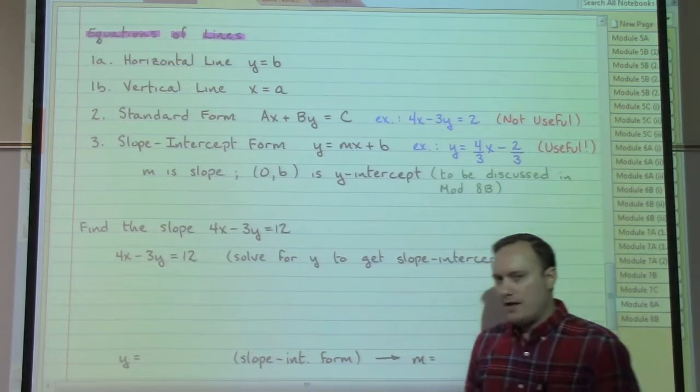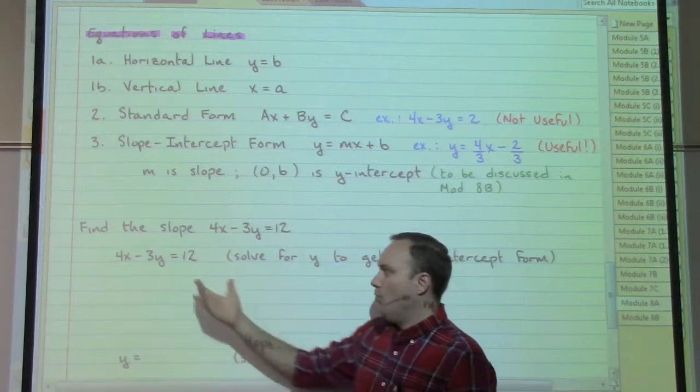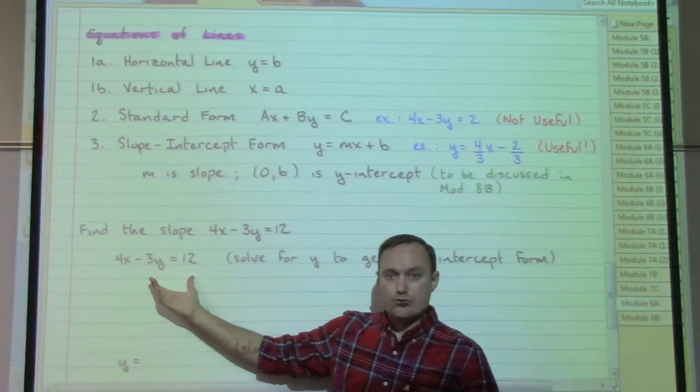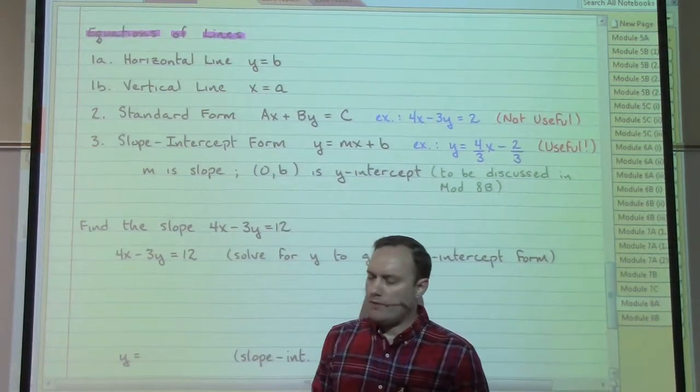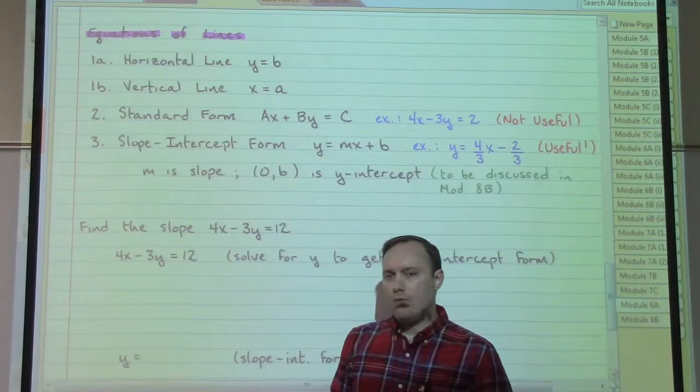Rather than trying to find points that might make that equation true, and once I get 2 points I can use my slope formula, that seems like a lot of work.